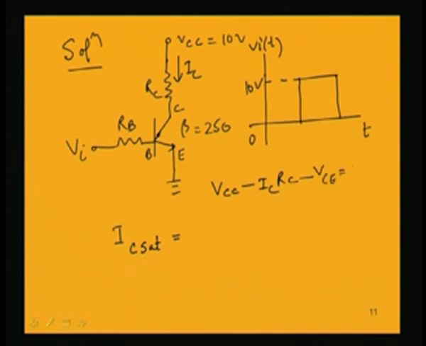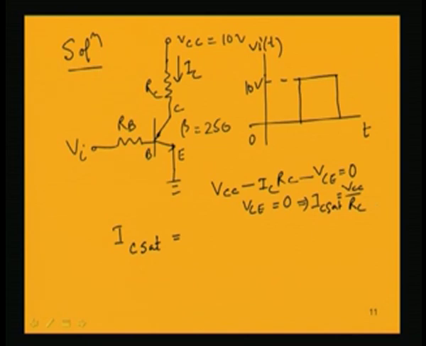That is the Kirchhoff's voltage law being applied in the output circuit. But for the case when you find IC saturation, that is when VCE is equal to 0, then IC sat is obtained which is equal to VCC by RC.